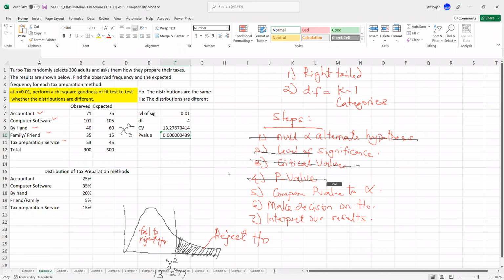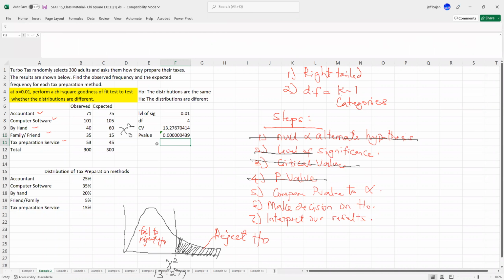So now we can compare our p-value to our level of significance, right? In this scenario, remember, to make a decision either to reject or fail to reject H sub O, we usually compare our p-value to our level of significance. The level of significance is right here. It's 0.01.